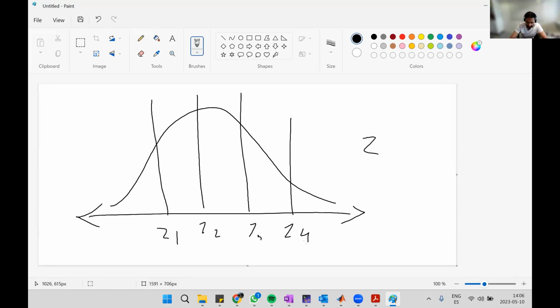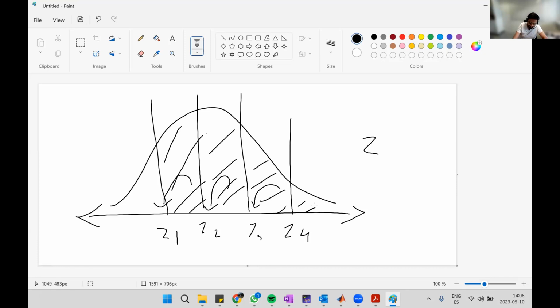I'm saying firms can be of one of these 4 types. There is a probability assigned to each of the types. So how am I going to do it? I'm going to say all this mass will correspond to this type. All this mass will correspond to this type. All this mass corresponds to this type. All this mass corresponds to this type.